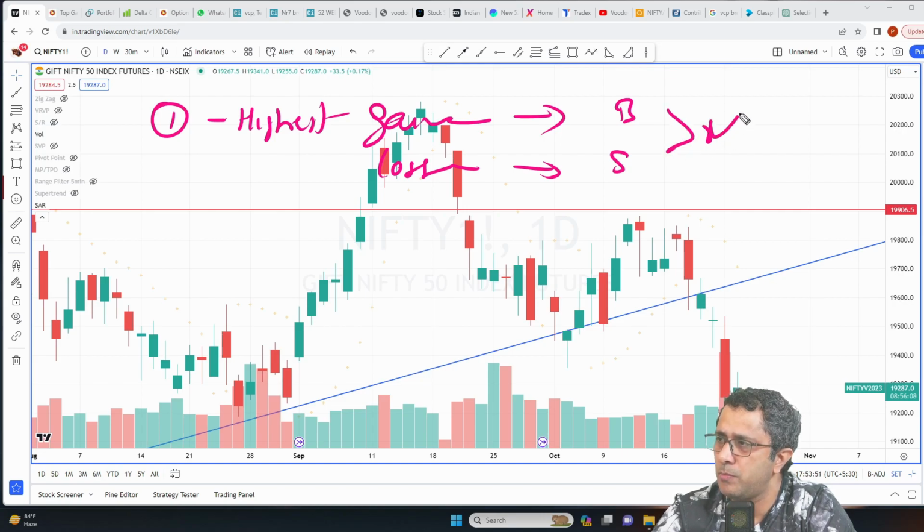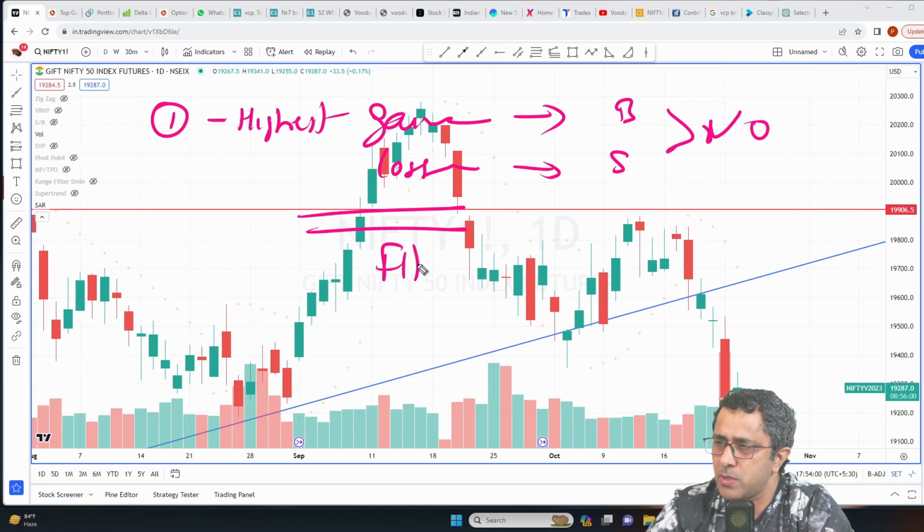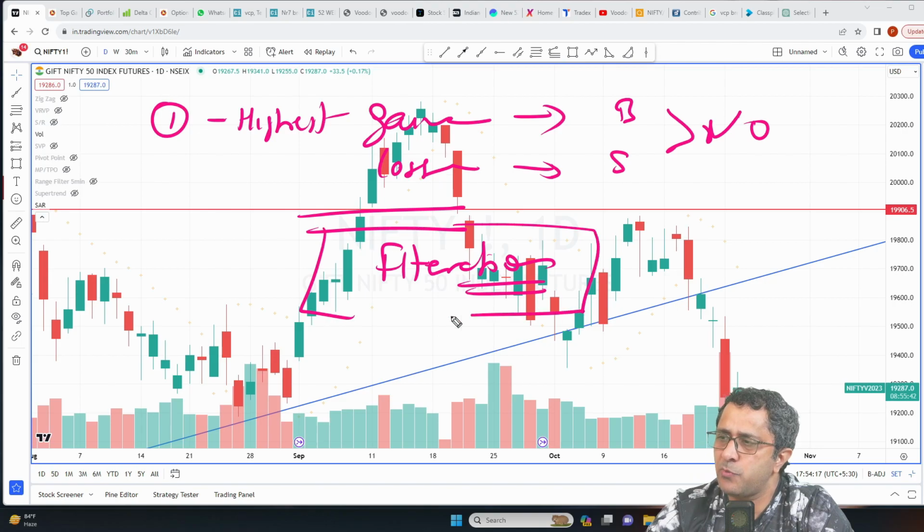I would say no. This process of identifying the highest gainers and losers is a filtration process. Filtration means you are just filtering the stocks out of 200, 500 stocks, whatever segment you are picking, maybe F&O, maybe Nifty 500, maybe Nifty 100, and that's it.